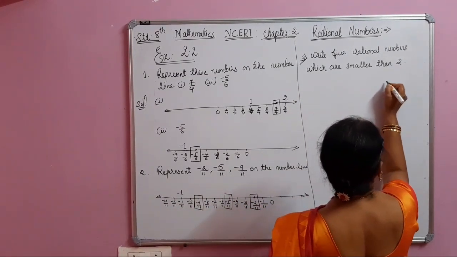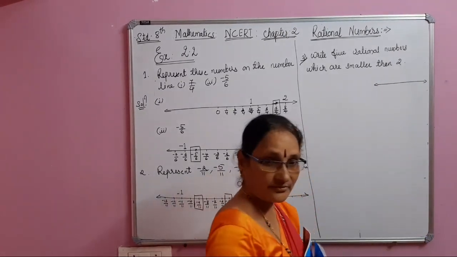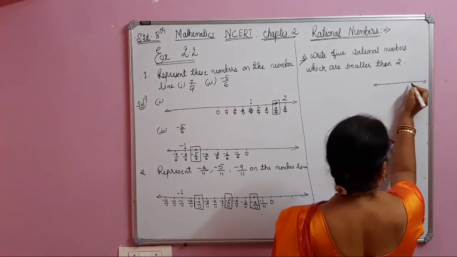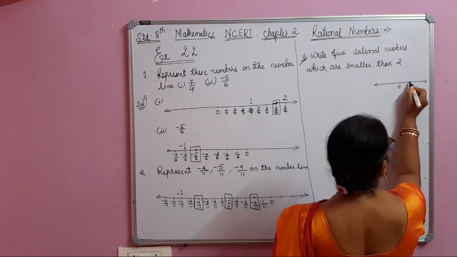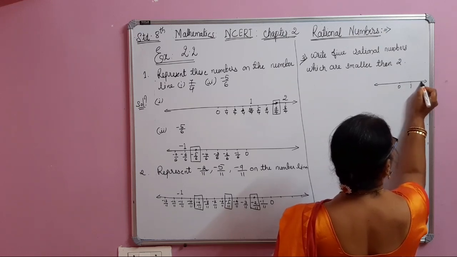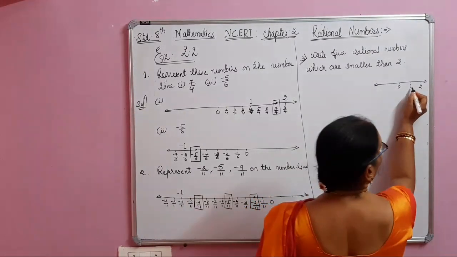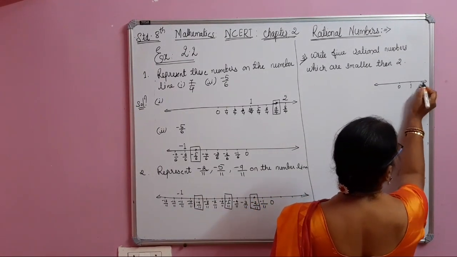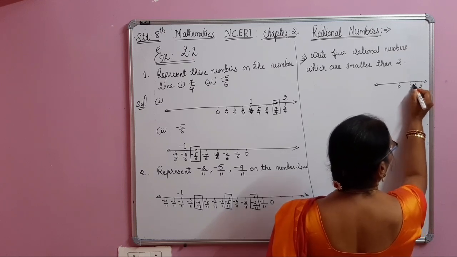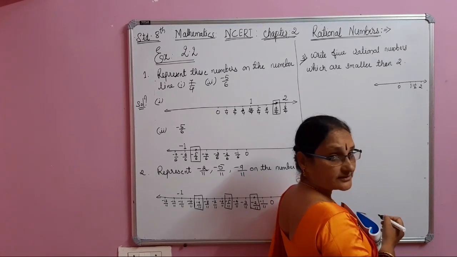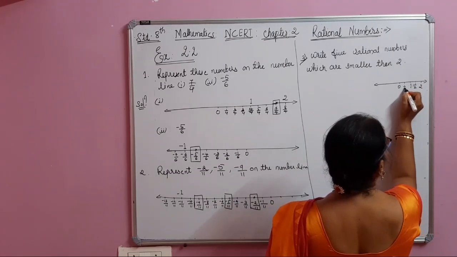First we draw one number line here for our reference. If this is 0, this is 1 and this is 2. Smaller than 2 means 1 will come, 0 will come, and in between these two there may be 1 by 2, that is 3 by 2, or 1 and a half, and this is half.